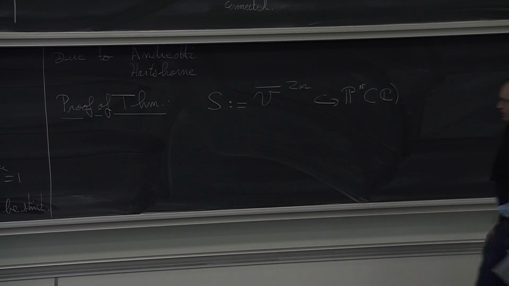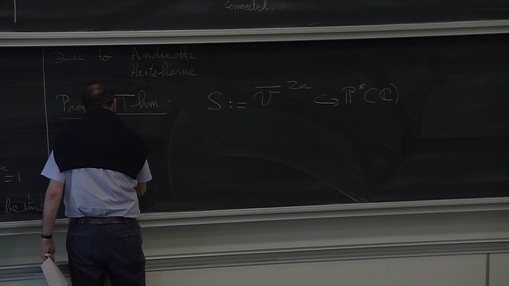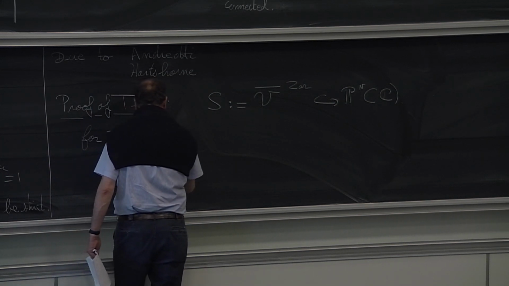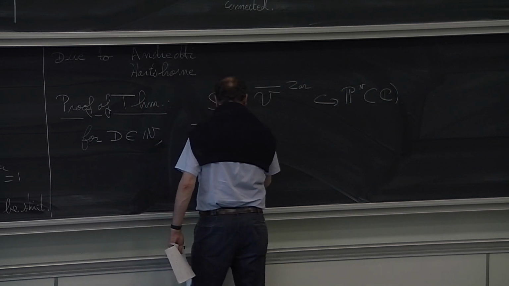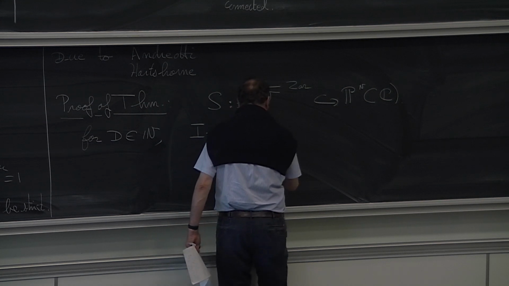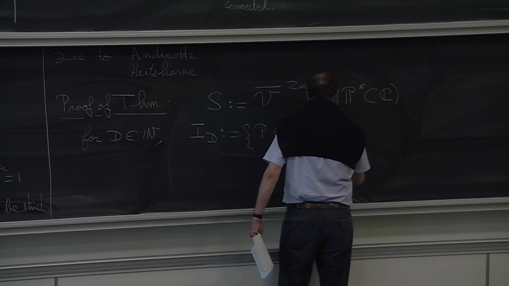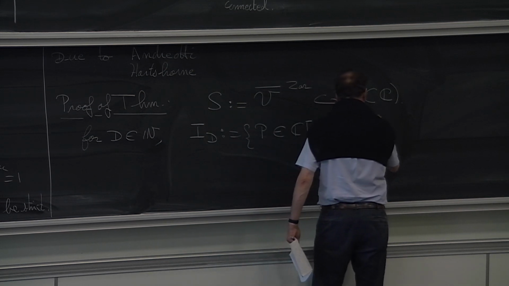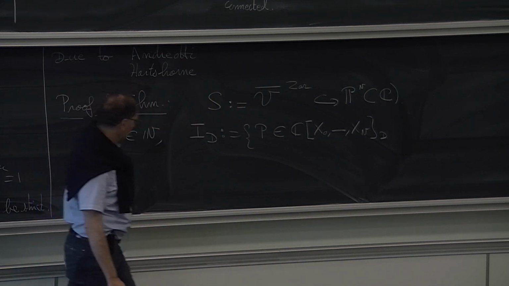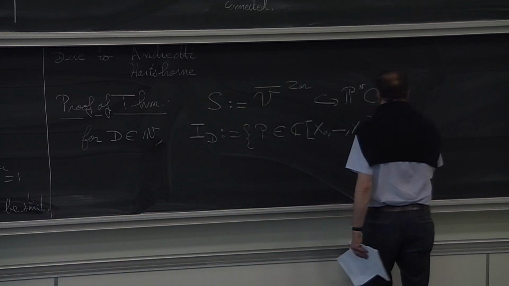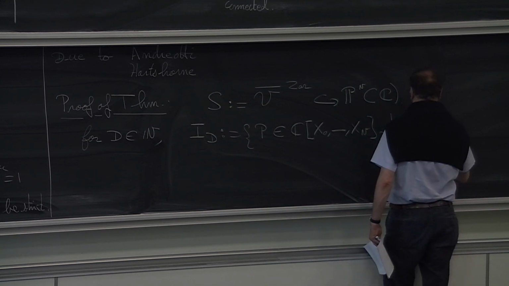So for d a non-negative integer, you may consider I_d, the set of polynomials in n plus 1 variables that are homogeneous of degree d and that vanish on this Zariski closure.